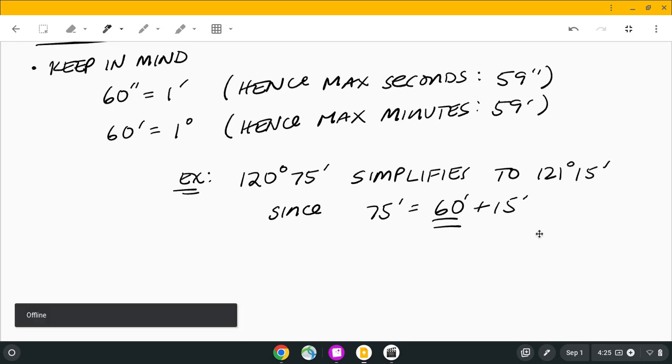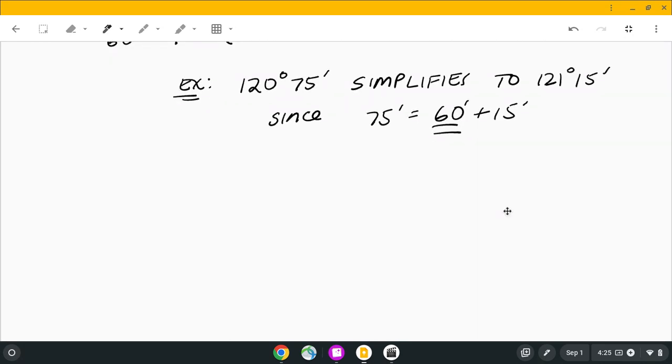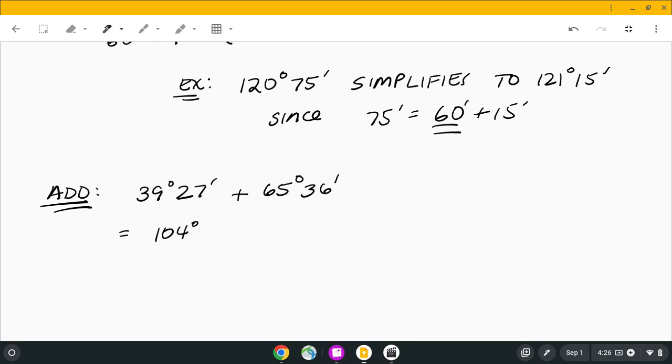All right. Let's go ahead and add the following: 39 degrees, 27 minutes, plus 65 degrees, 36 minutes. So here, this is 104 degrees, 63 minutes.